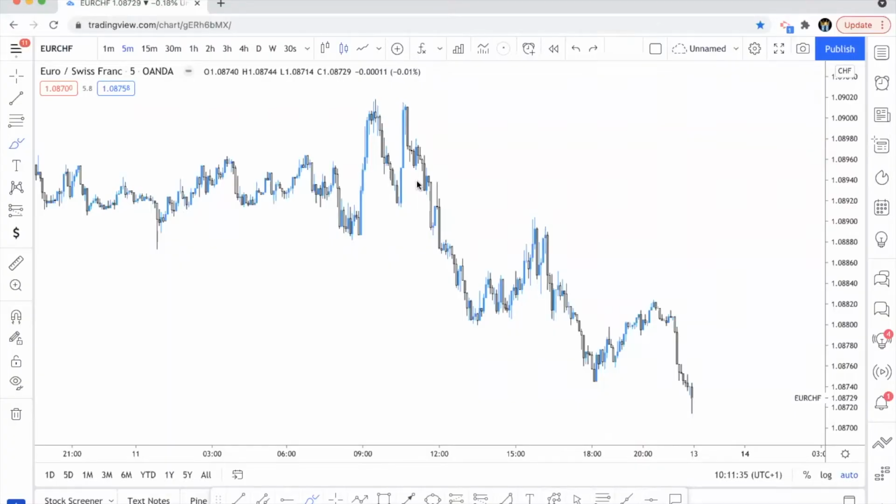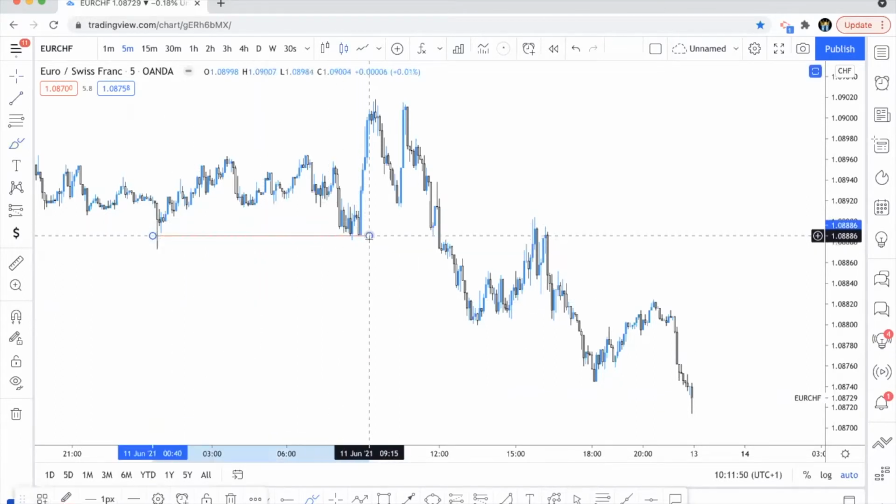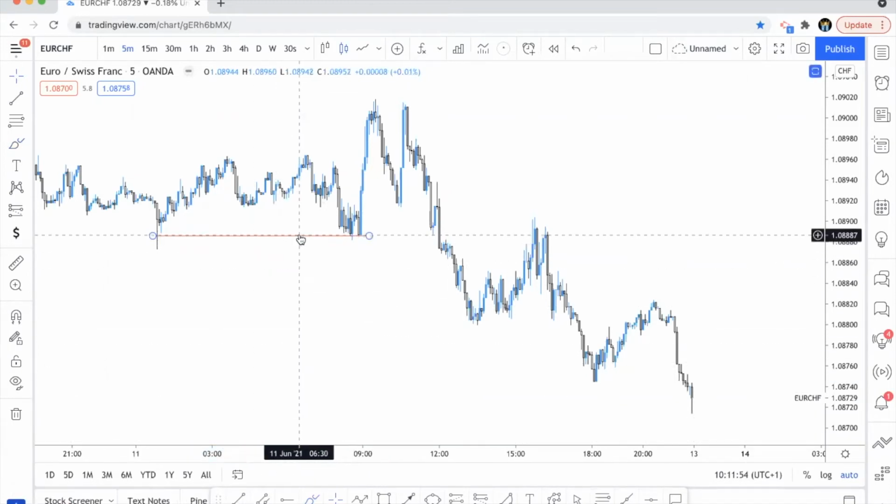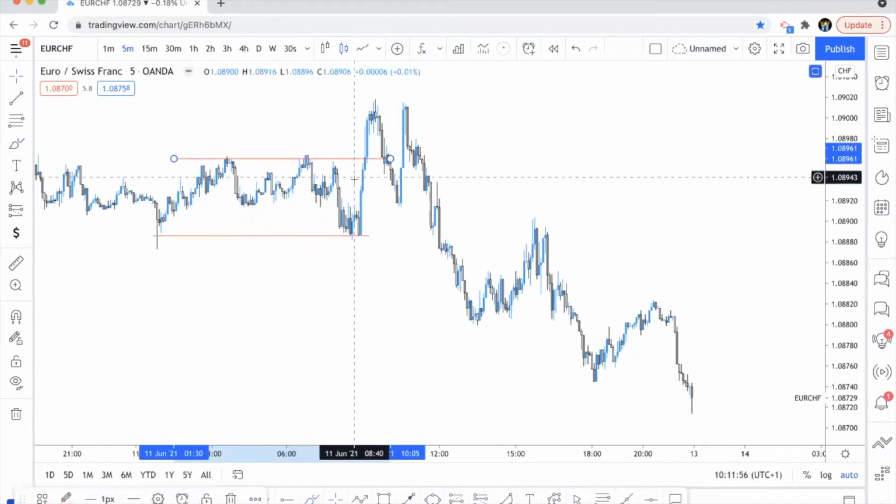All right, so the first way to identify liquidity is essentially just identifying your double tops and double bottoms. Now, why is that? The reason for that being is because a lot of the retail traders were taught to buy from double bottoms and then sell from double tops. Okay, so that's identified as liquidity.